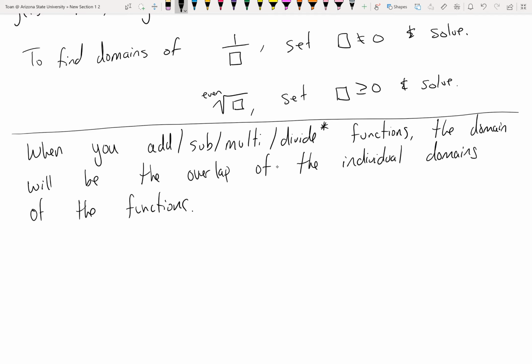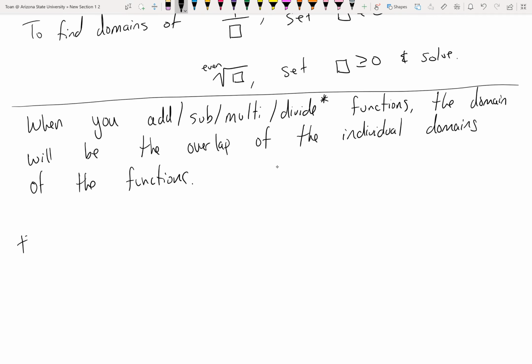In other words, if I ask you to do an add, subtract, multiply, and divide problem, and then ask you to find the domains, you want to find the domains of the individual functions separately, and then look at them together and see where they overlap. Let's take a look at two examples here. Oh, actually, before we do that, let's talk about the little asterisks here for the dividing part.